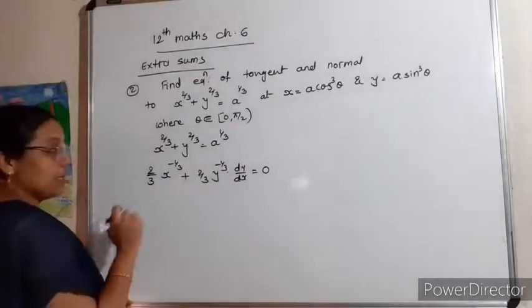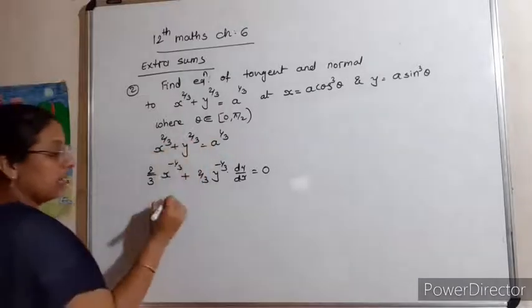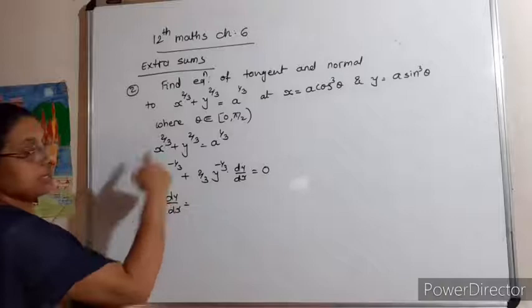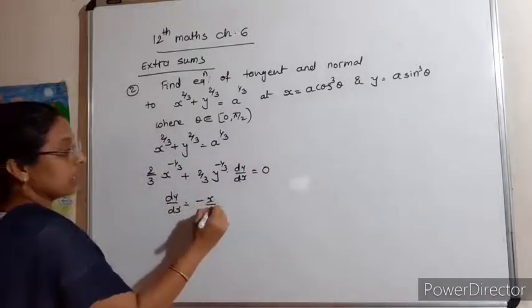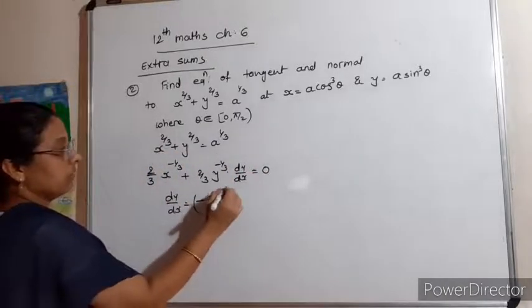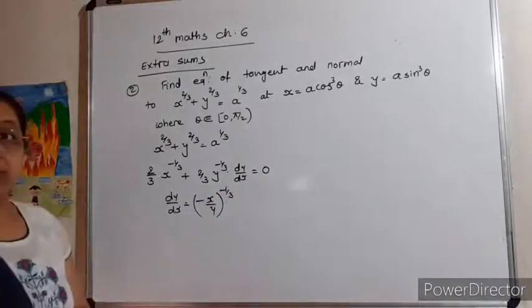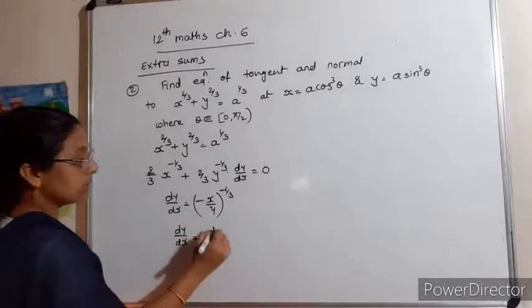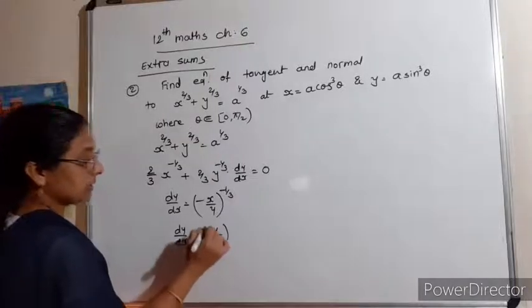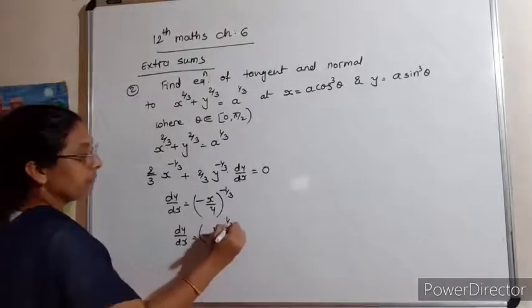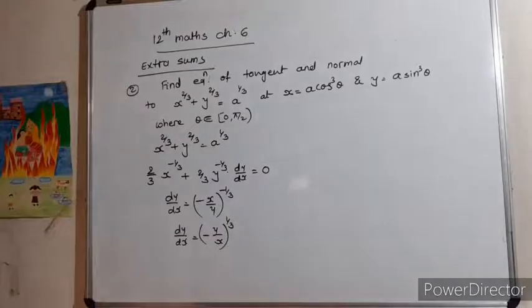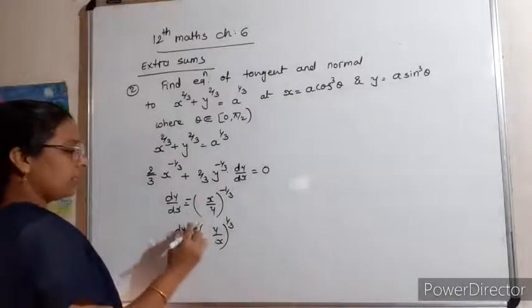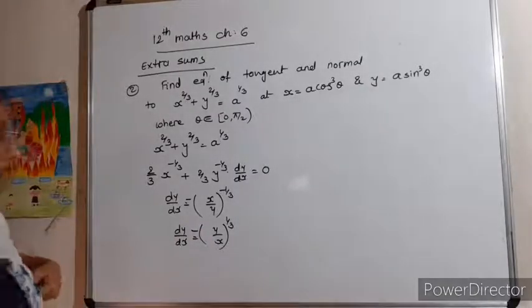Now, from this 2 by 3 cancel, and dy by dx is here. From this side it is minus x upon y raised to minus 1 by 3. To make it positive, we will write dy by dx is minus y by x raised to 1 by 3. Yes or no? Yes, you can take this minus inside or outside. We can take the minus anywhere, right?